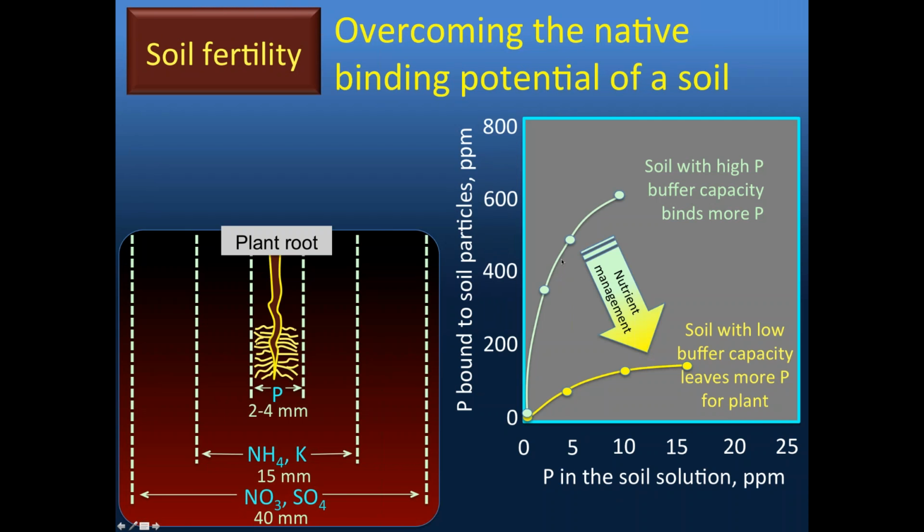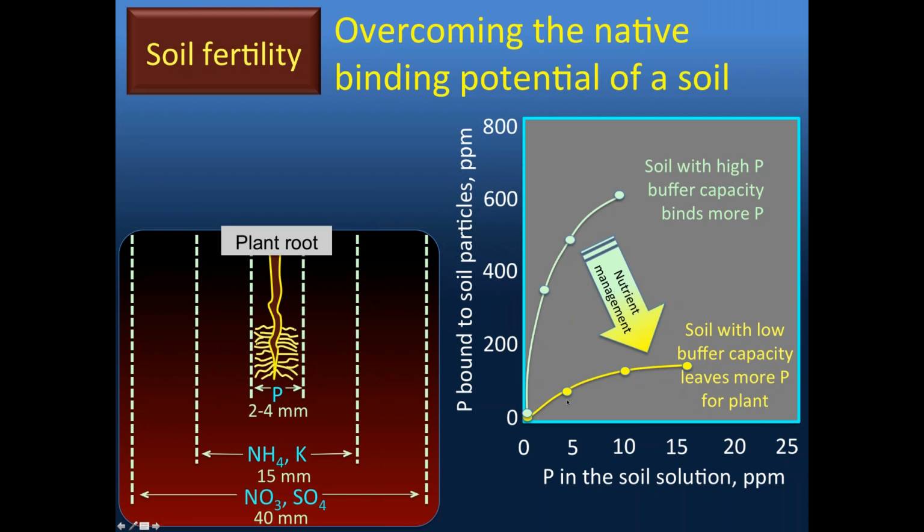What it shows is that this is probably a native soil. In fact, this is a native soil from Pennsylvania, and most of the phosphorus in that native soil is bound by the soil, whereas very little stays in the soil solution, the soil water, where the crop can get to it. Now, if we use nutrient management, things like liming, things like adding phosphorus to the soil to help overcome and saturate the binding potential, we end up with a soil like this, in which more of the phosphorus stays in solution than is bound.